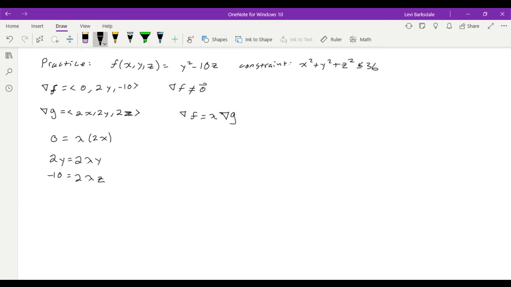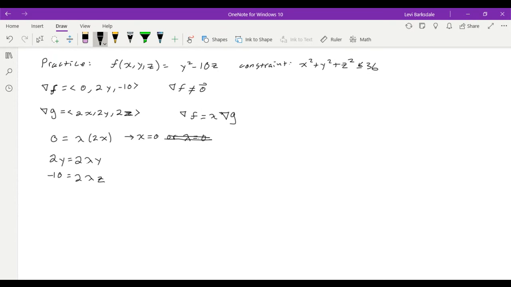Now, looking at this first equation, we get that either x is equal to 0 or lambda is equal to 0. If you look a little deeper at our third equation, if lambda were equal to 0, then we would get that negative 10 is equal to 0, and that's not true.